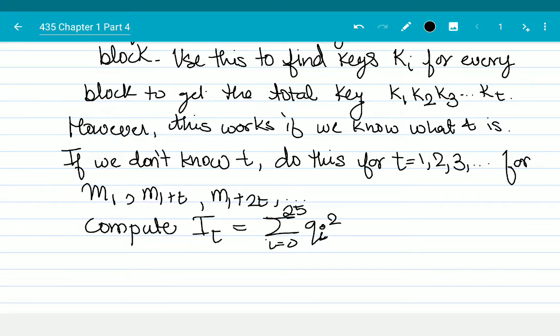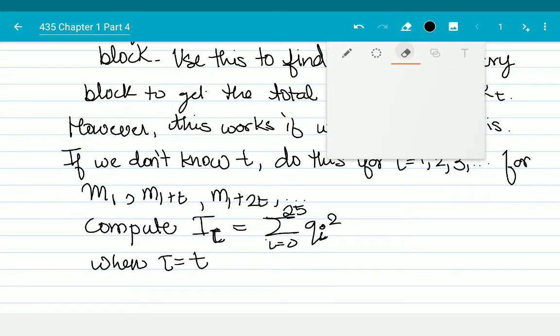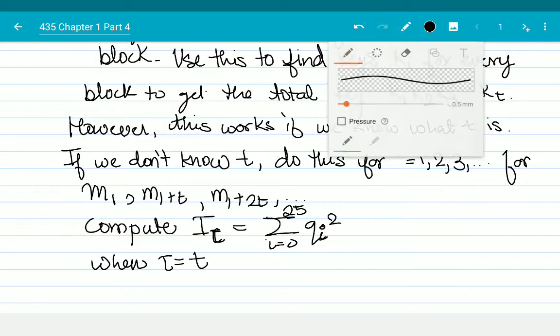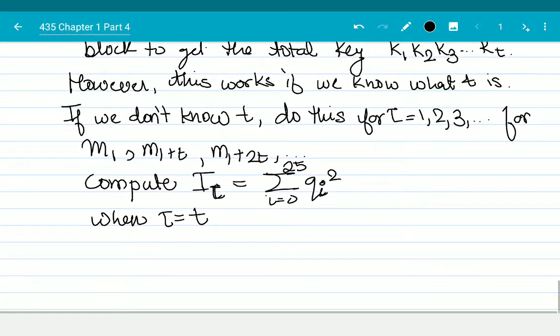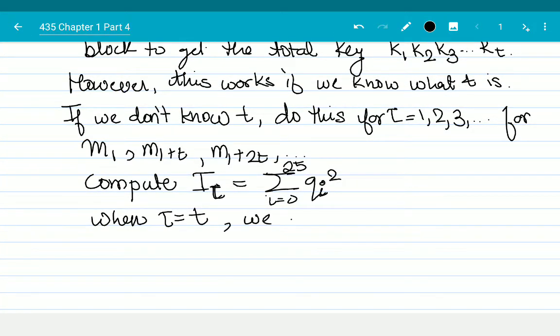When t is equal to tau, my correct key length, we expect I tau to be equal to the standard frequency of the English alphabet, which is 0.065.